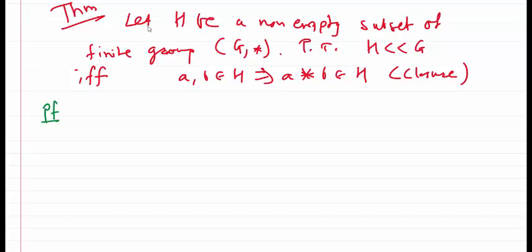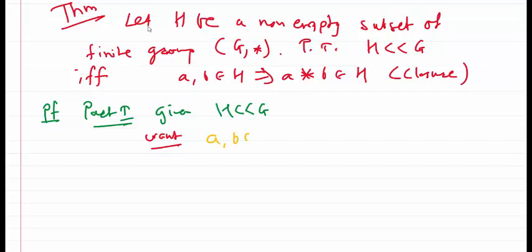Again, here is an if and only if part. So part 1: H is a subgroup of G, and we want to show that if A and B belong to H, then A star B belongs to H. So the proof is simple.